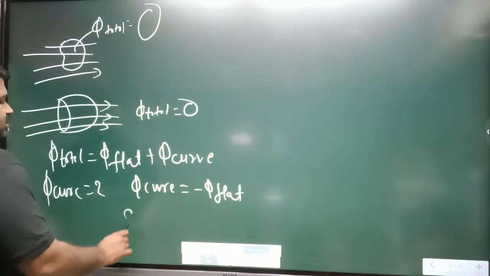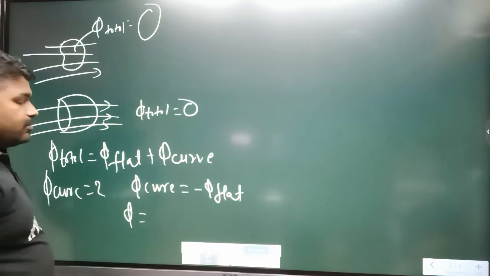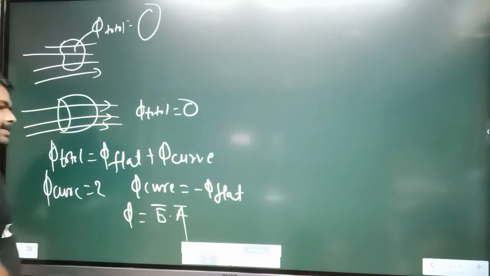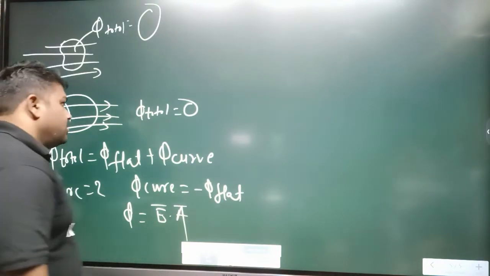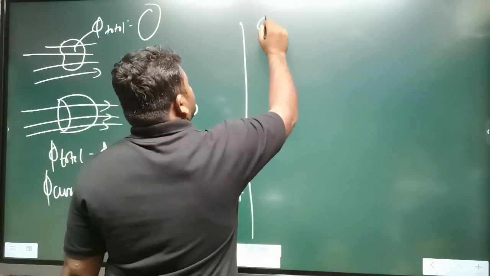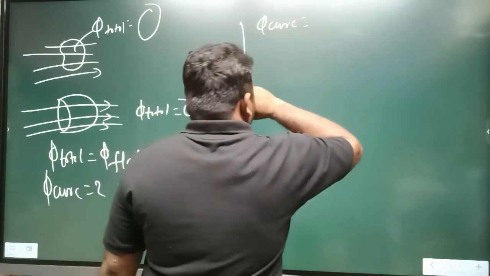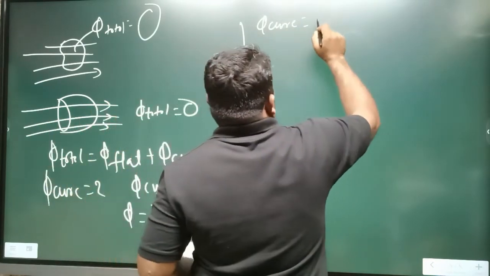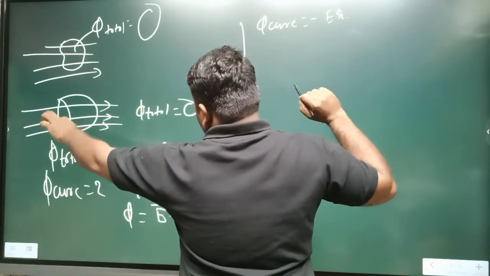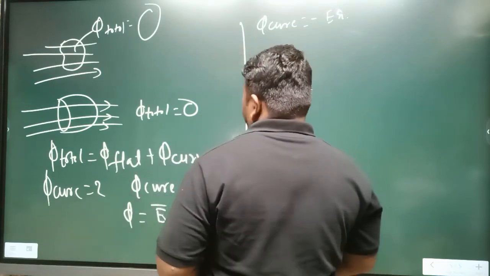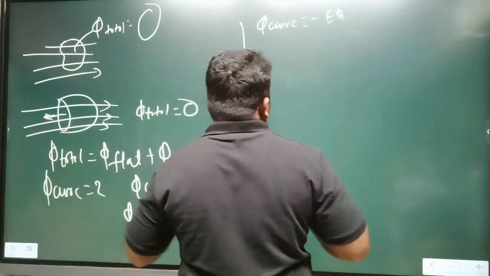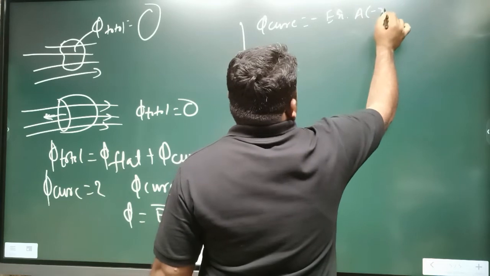But we know that flux phi is equal to E bar dot A bar. Yes or no? Electric field direction? Positive x direction. Electric field direction is positive x cap, so E x cap dot area vector. Area vector direction here for the flat surface is minus x cap, so A minus x cap.